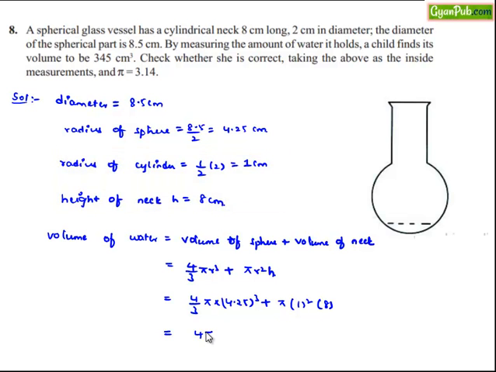Let us take pi common, then we get pi times (4 times 4.25 whole cube by 3 plus 8), which on simplifying gives 346.51 centimeter cube. But according to the problem, the value got by the child is 345 centimeter cube. Therefore, the child is not correct in the measurement.